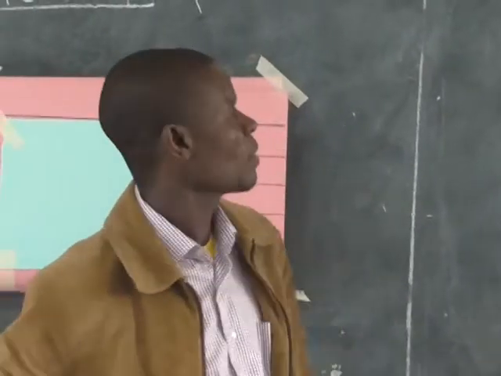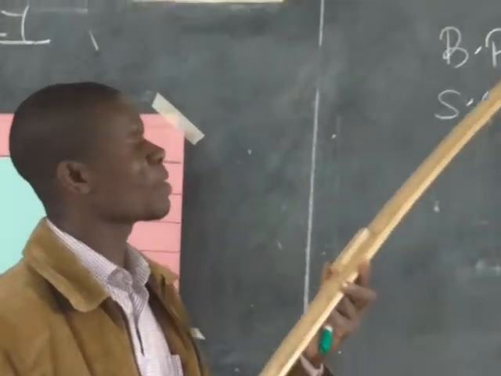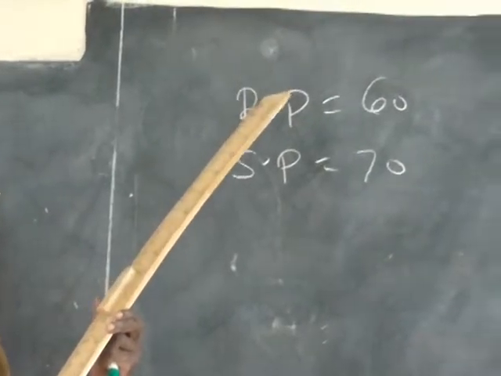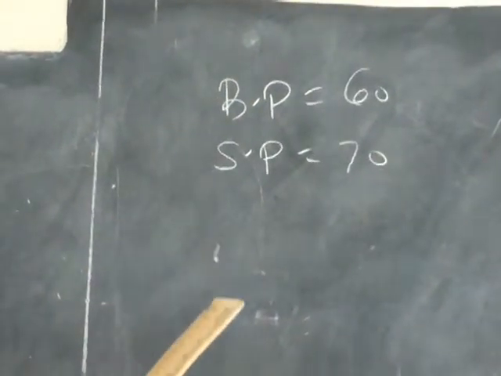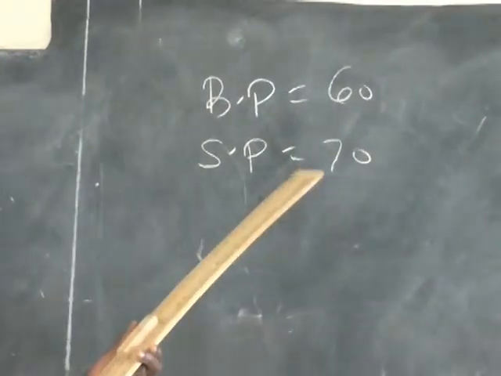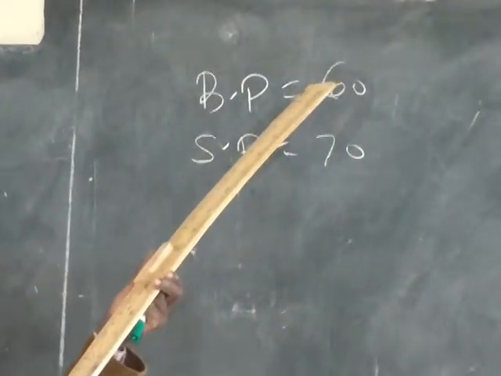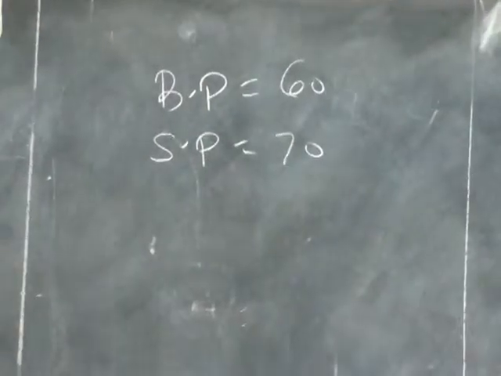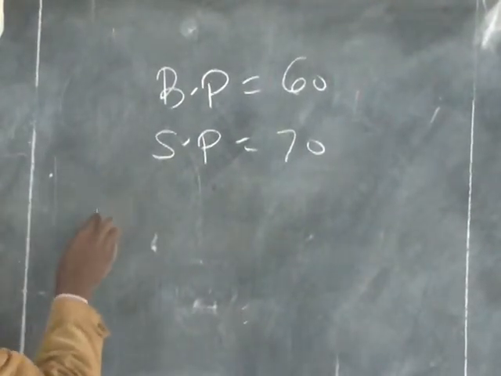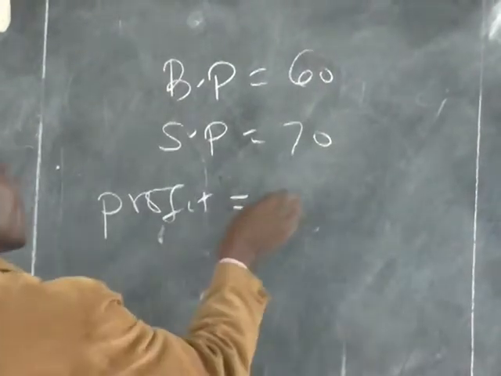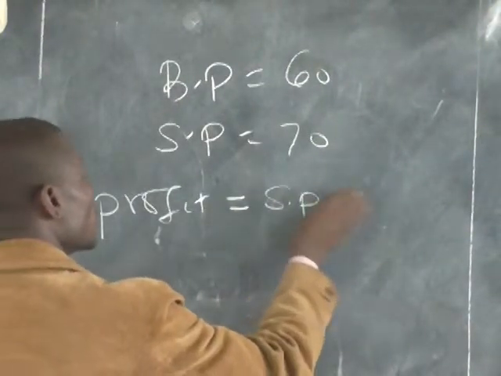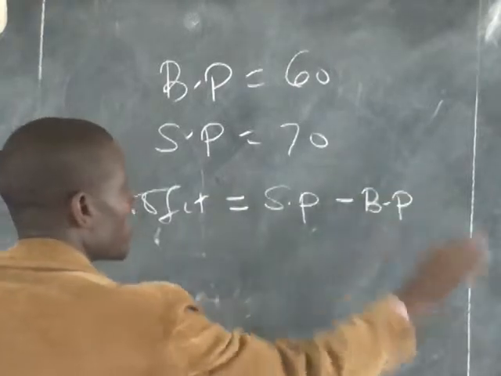Now from here it's very clear that the selling price was higher than the buying price. So we said that the profit made is the difference between the selling price and the buying price. And we agreed that if you want to calculate the profit, then profit is equivalent to selling price take away the buying price.